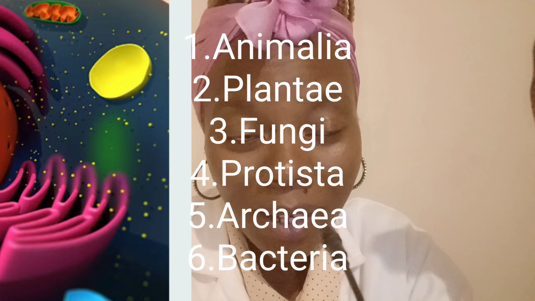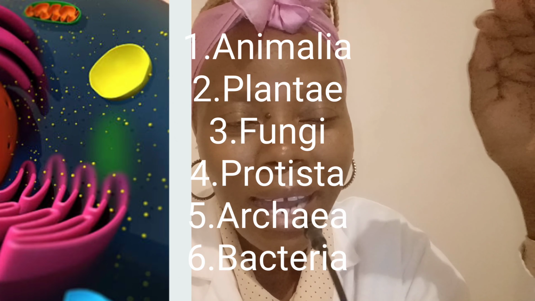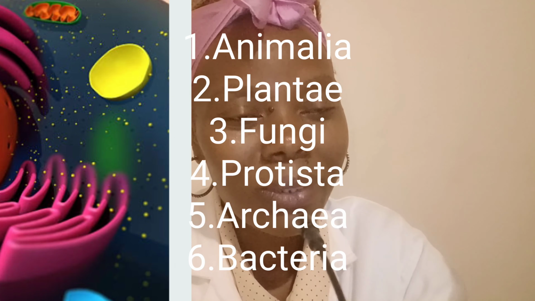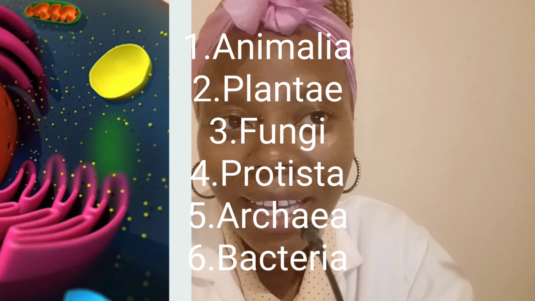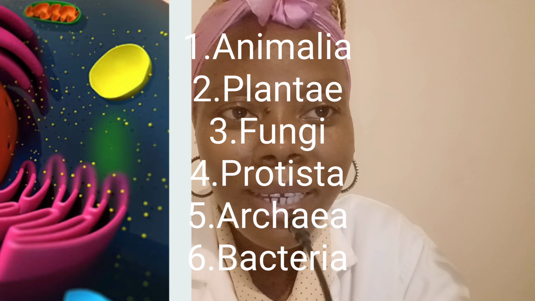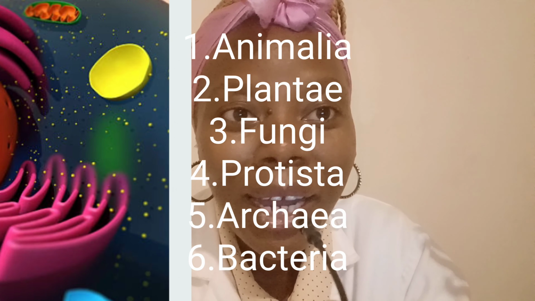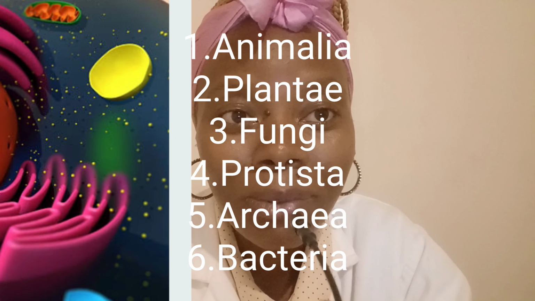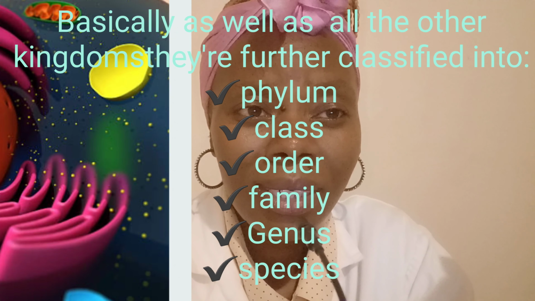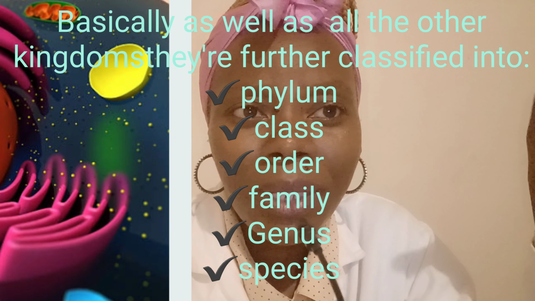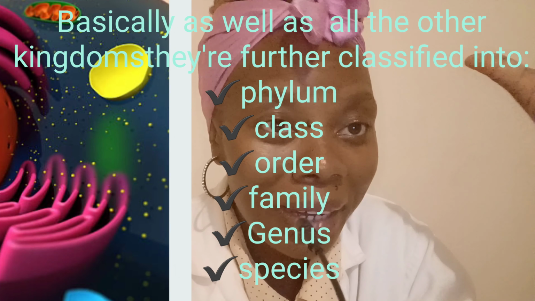So as we go down the kingdoms, Animalia and Plantae are the higher forms of life. In kingdom Animalia, we have all types of animals, and the kingdom is divided into smaller groups. But all the big animals that you can see with your eyes are in kingdom Animalia.